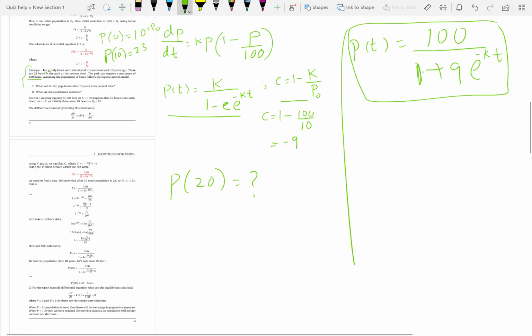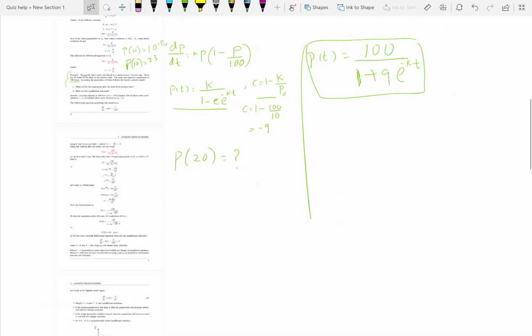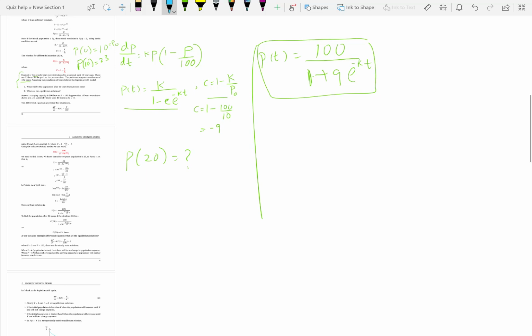How can we do that? Well, we know one more condition, which is that the population after 10 years is 23. So let's use that. The population after 10 years is 23 bears, so if you substitute, 100 over 1 plus 9 e to the negative 10k equals 23.